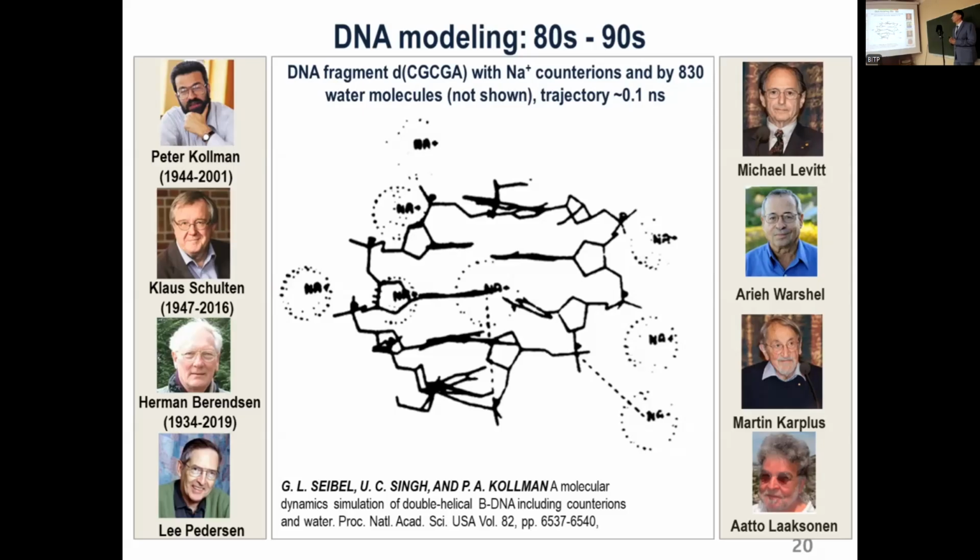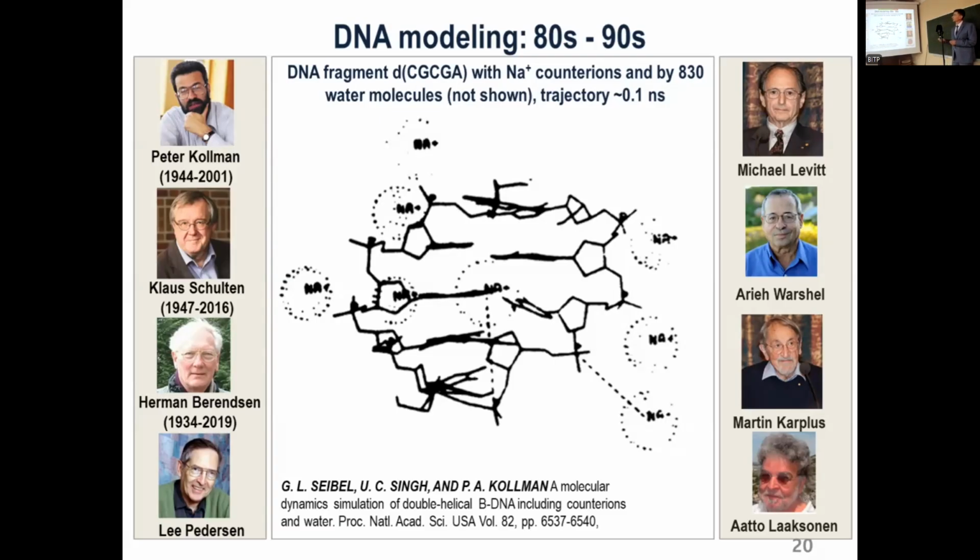To realize all these methods, there are a lot of different software packages where molecular dynamics is implemented. Here I show a paper, which was one of the first describing the simulation of DNA with ions. This is a real system.